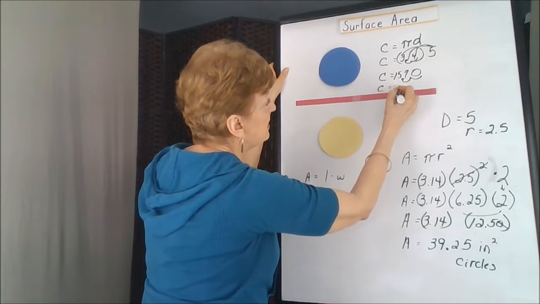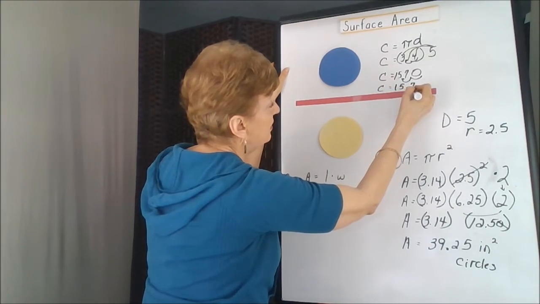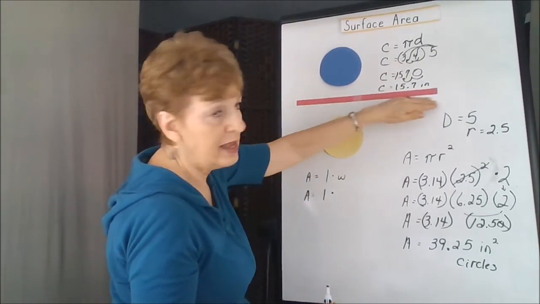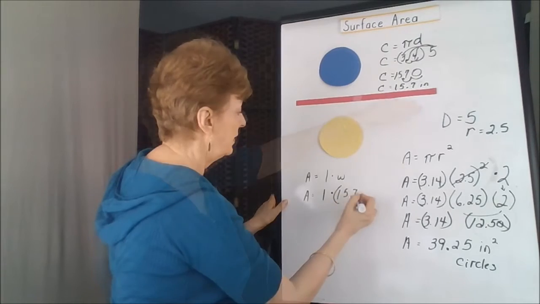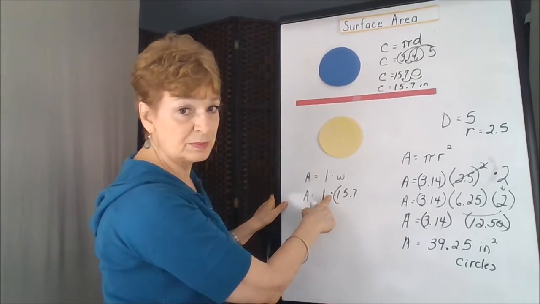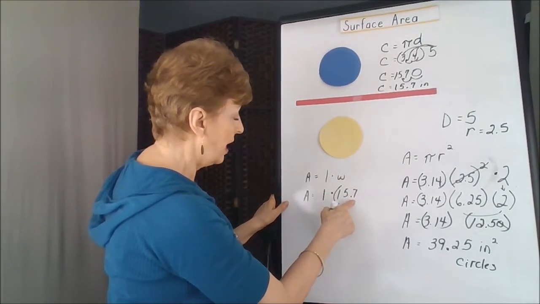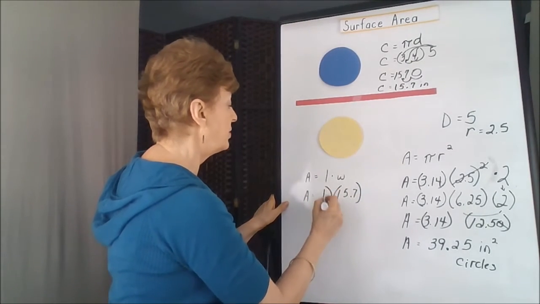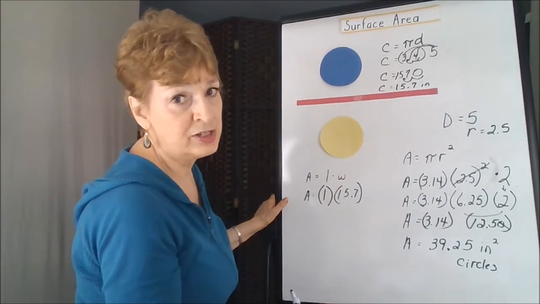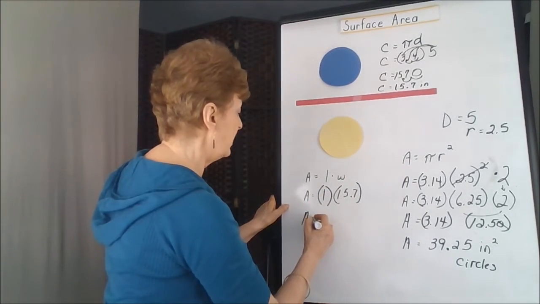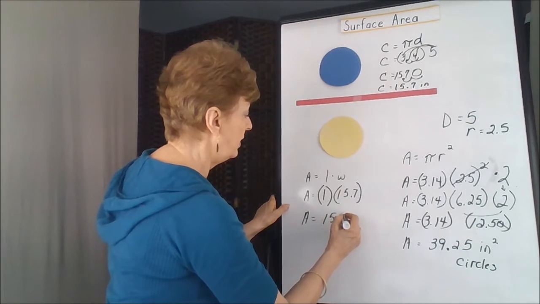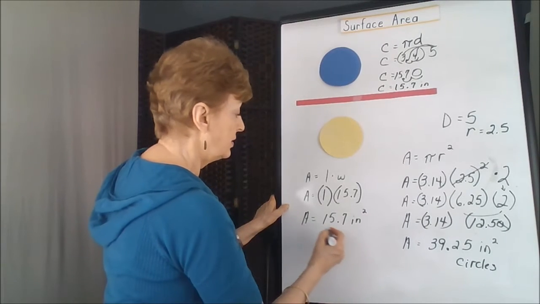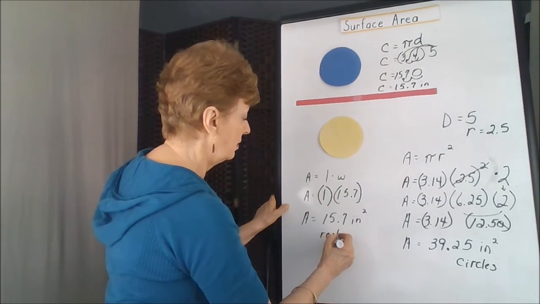The circumference is 15.7 inches. That's a length calculation, so I don't have to square it. This is where that symbol for multiplication gets a little odd. I'm working with a decimal point, so I'm not going to confuse myself. I'll use the parentheses as my multiplication symbol. So area is equal to 15.7 inches squared. So that would be the rectangle.